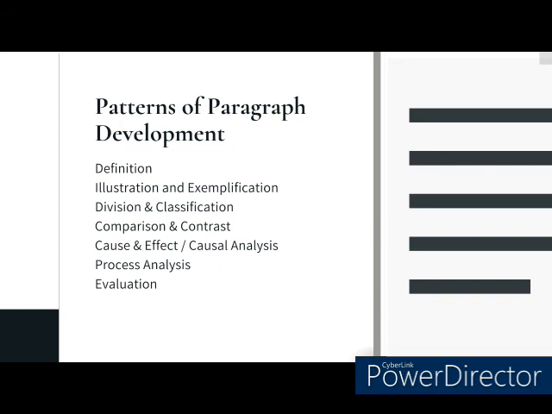And then process analysis. Cause and effect and process analysis are also usually related to narrative as a form of writing, because you're telling a story about how something came to be or what would happen as a result of something. So causal analysis and process analysis are both telling a story. Cause and effect are concerned with, as I said, causes and effects. Process analysis is concerned with what happens in between a cause and an effect, so how did the cause come to create a particular effect.